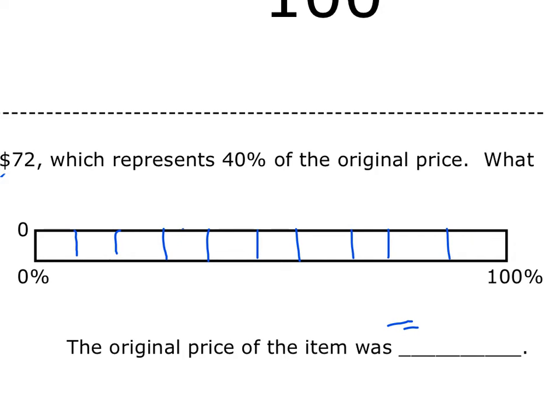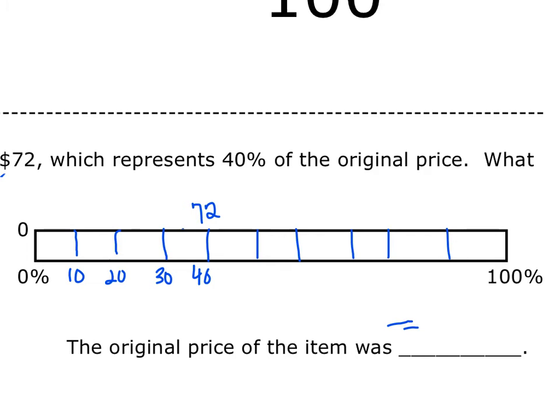So if the part of our problem is 72, that's the 40%, right? So this is 10%, this is 20%, 30%, 40%. We know that 40% is equal to 72. So how many blocks do we have here? It's separated into 4.